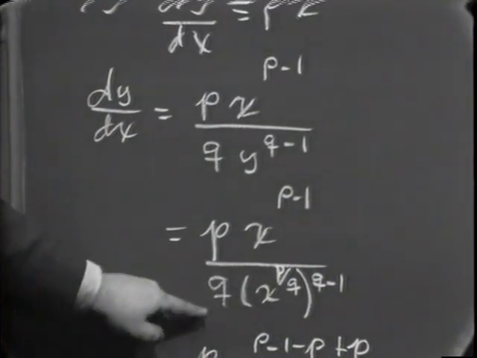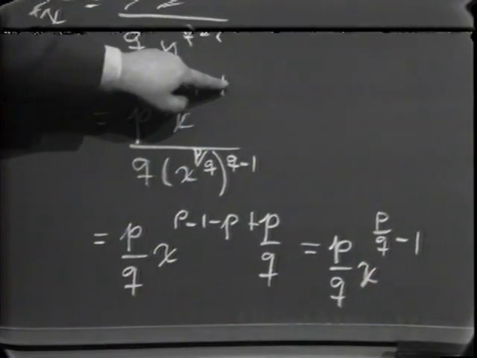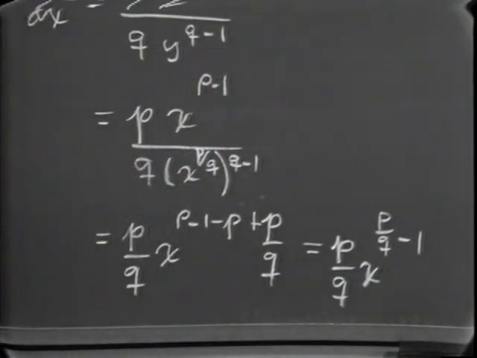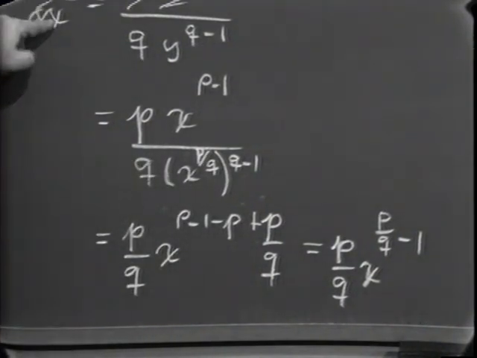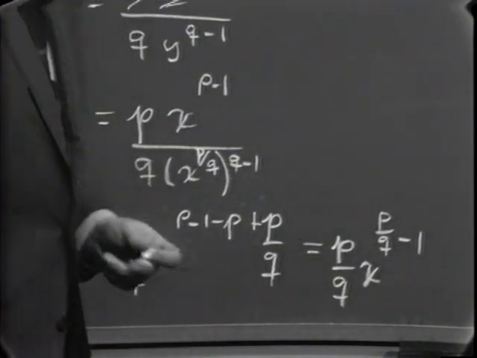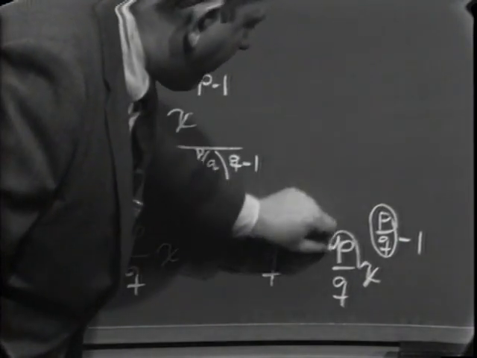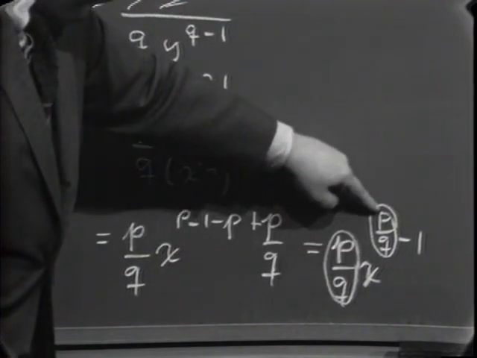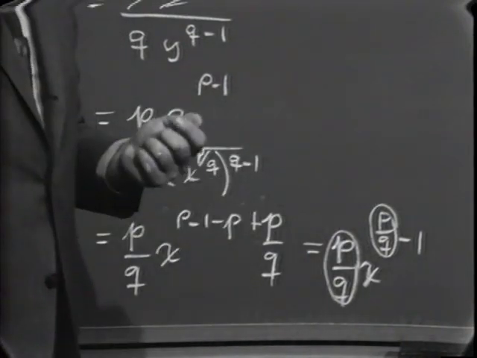A little bit of arithmetic shows that dy dx is p over q, x to the p minus 1 minus p plus p over q power. The p and the minus p cancel out, and we find that dy dx is p over q times x to the p over q minus 1. Remembering that p over q was our fractional exponent, we again see that to differentiate x to a fractional exponent, p over q, you bring the exponent down and replace it by 1 less.